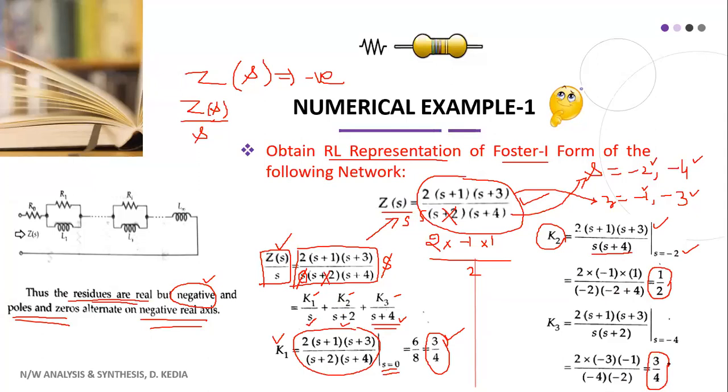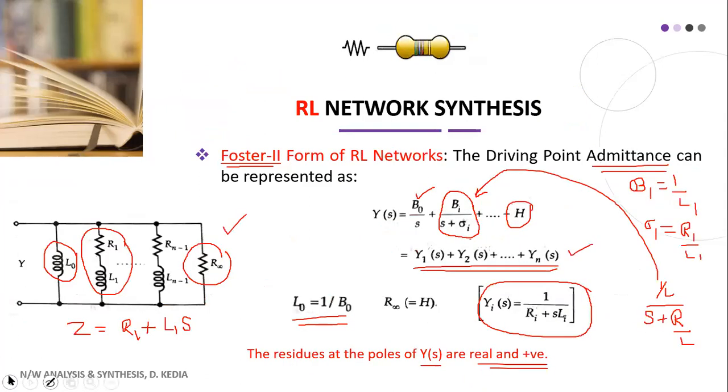Okay, and you can see here that these terms are of the form A by s plus sigma. Remember, such kind of terms we had. So in case of your RL network, let me show you.